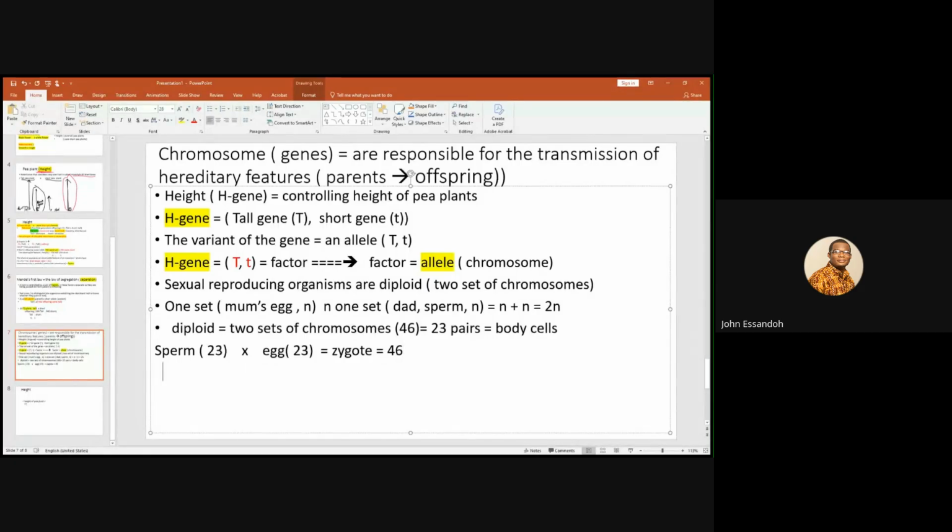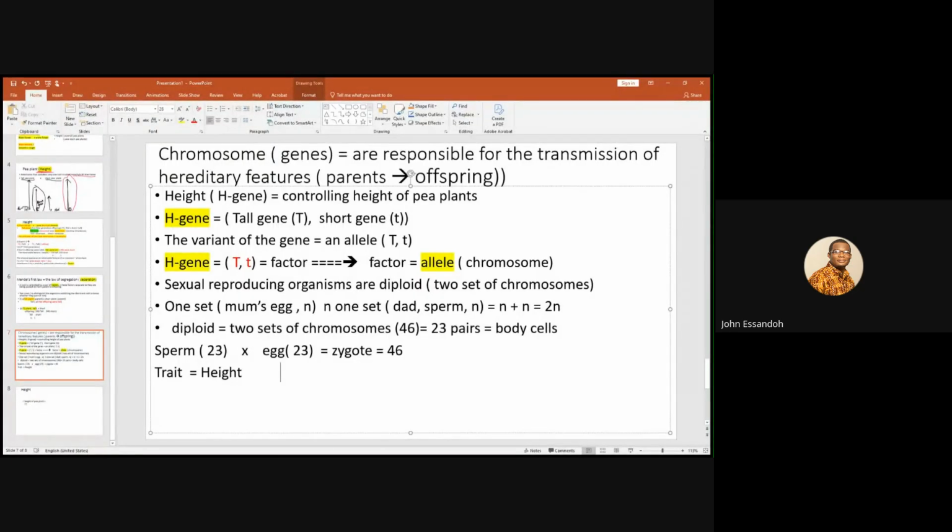So let's take height, and height is a trait. My trait here is equal to height.